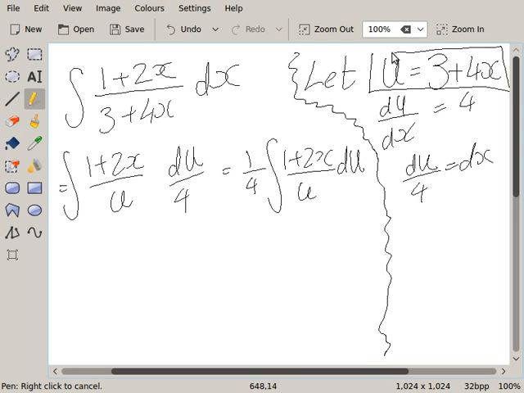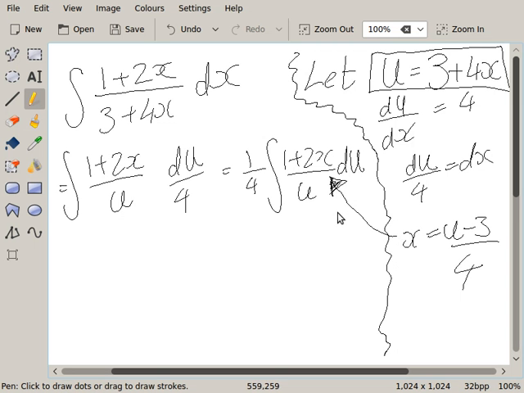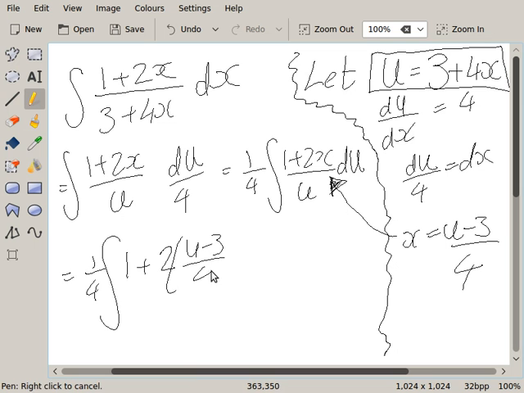Look back here and you can say x would equal u minus 3 over 4. So you can put that in here for x. So you get 1 over 4, 1 plus 2, u minus 3 over 4, u du.